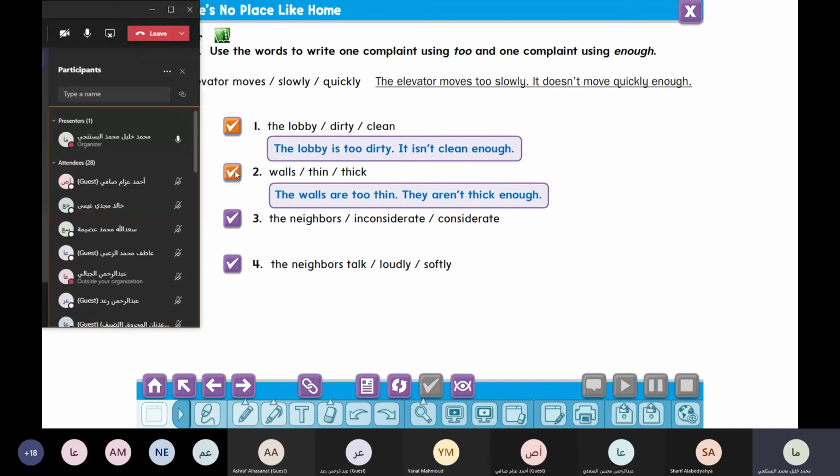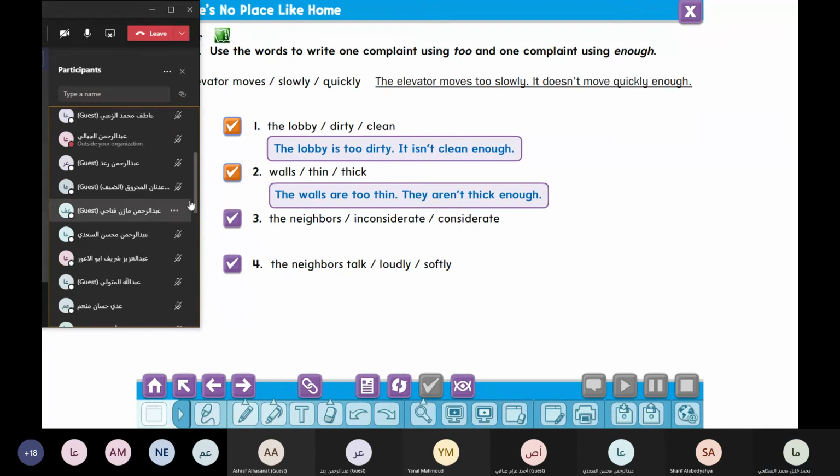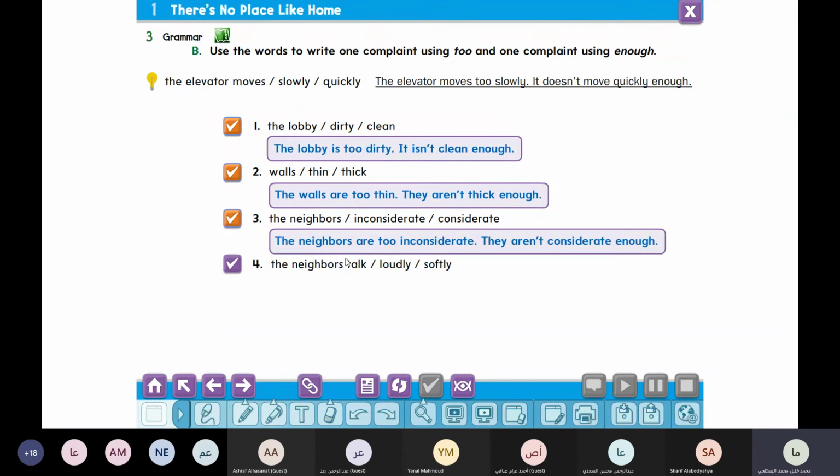Number 3. Who can try? The neighbors are inconsiderate. They are not considerate enough. The neighbors are too inconsiderate. They are not considerate enough.